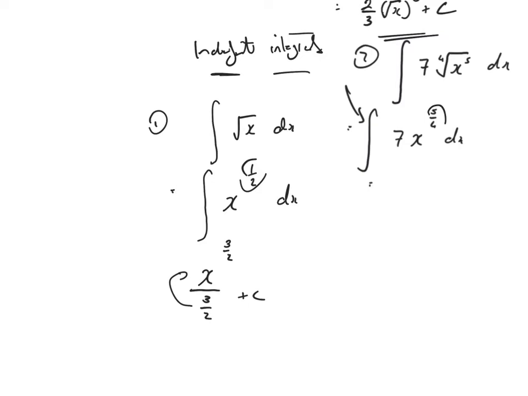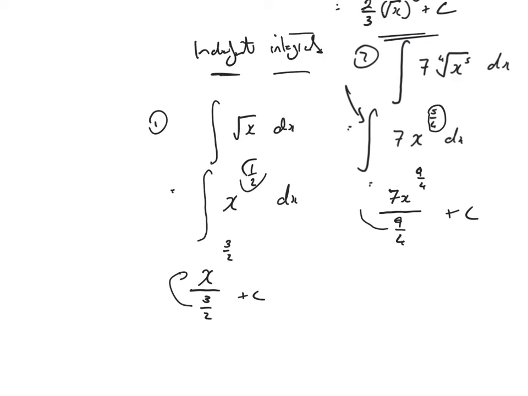Okay, so 5/4 of a pizza plus a full pizza is 5/4 plus 4/4, that's 9/4. So I've got 7x to the 9/4 divided by 9/4 plus c.